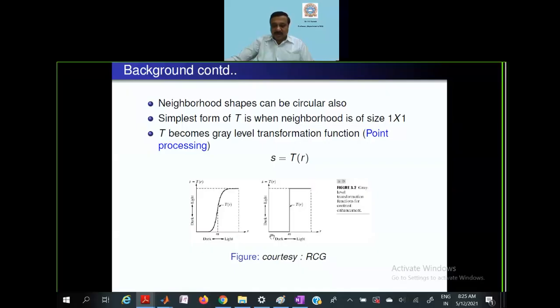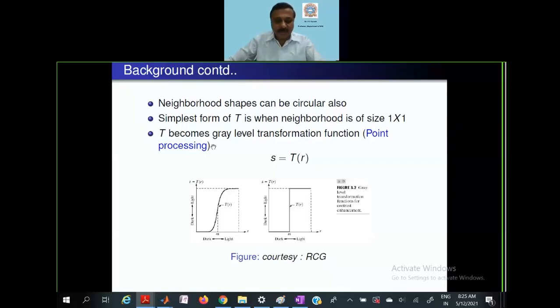I will get a dark pixel or a white pixel, and not the remaining values. This is how we can perform enhancement. We take every pixel at a time, and every pixel is a point. That is why this operation is also called point processing. You just read the value and take a decision based on the value.